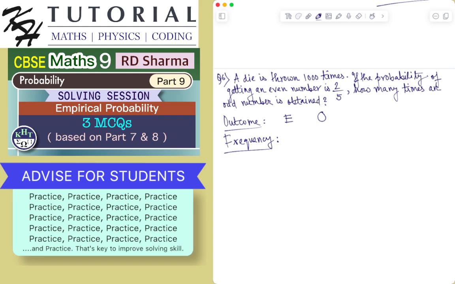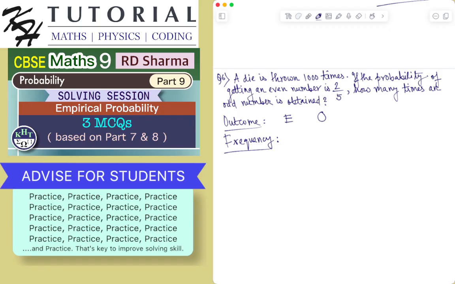If the probability of getting an even number is 2 by 5, how many times is an odd number obtained?